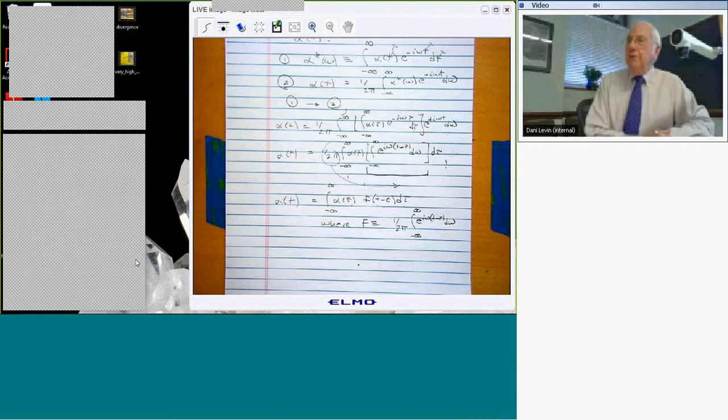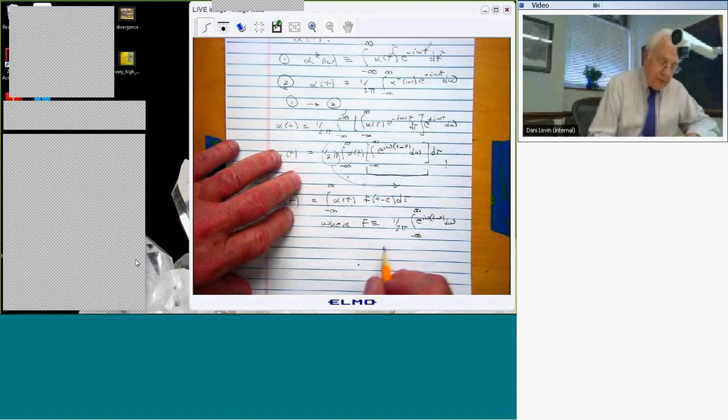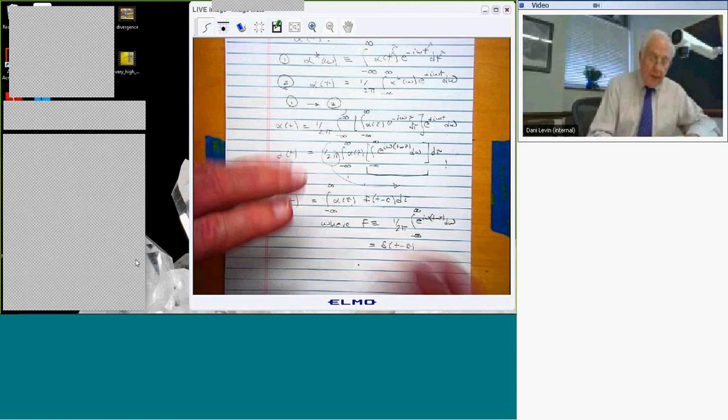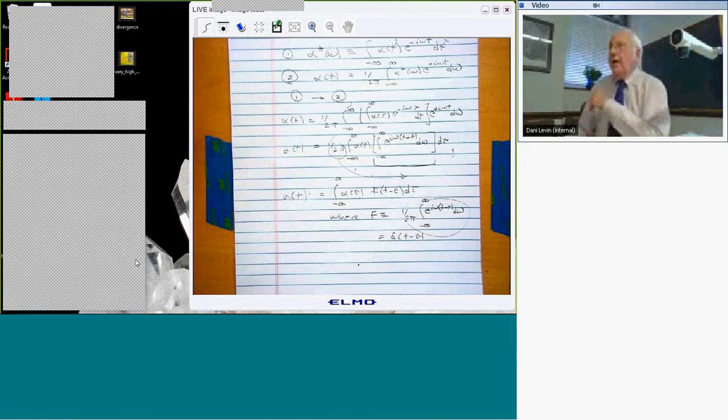It has to be a delta function. That's what a delta function does. A delta function is the thing that when you multiply it by alpha of tau and integrate through a time t, produces alpha of t, right? So this turns out to be the delta function.